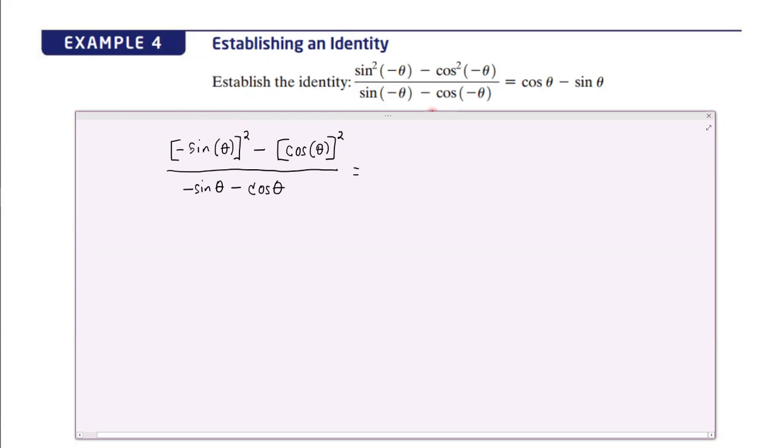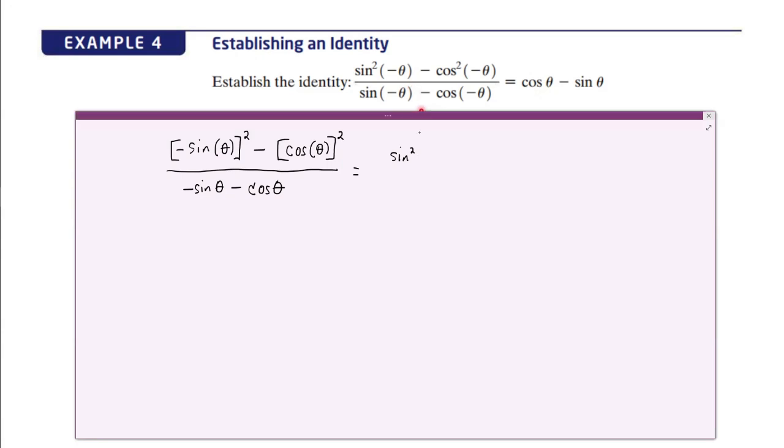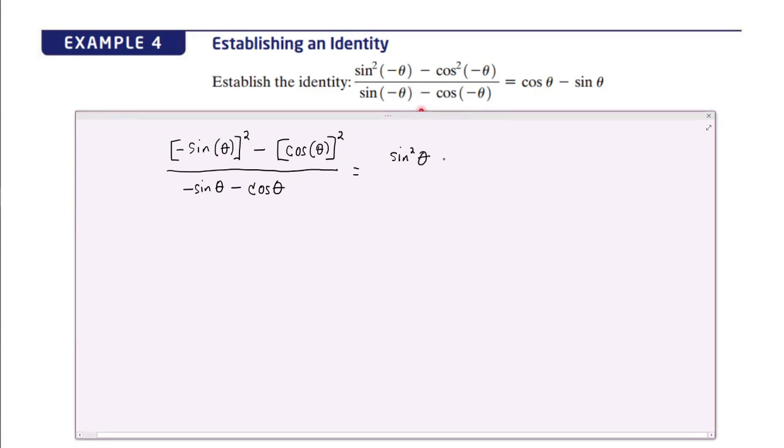Okay, now up on top here, we square that -1 in front away. So we can write this as sine squared theta minus cosine squared theta. And that's going to be above here.